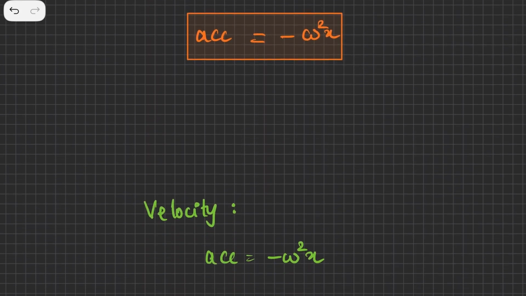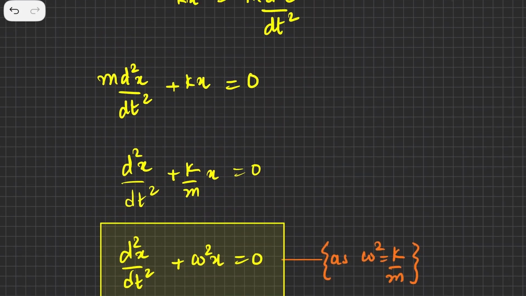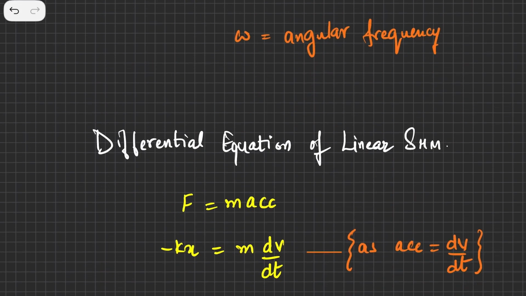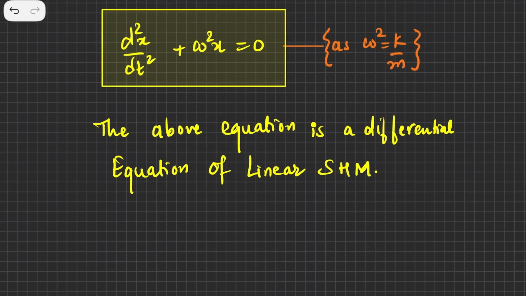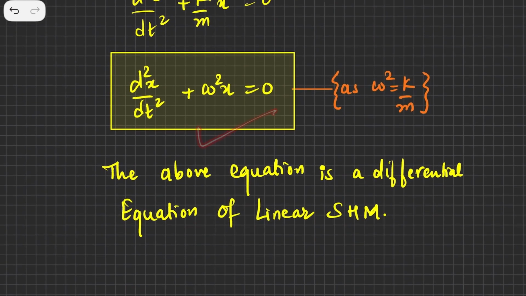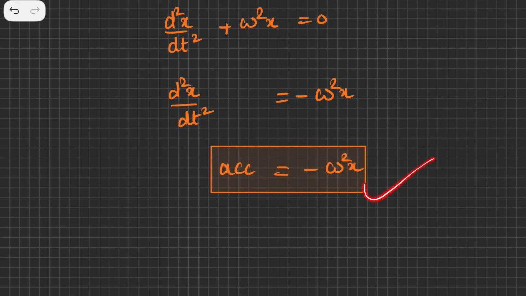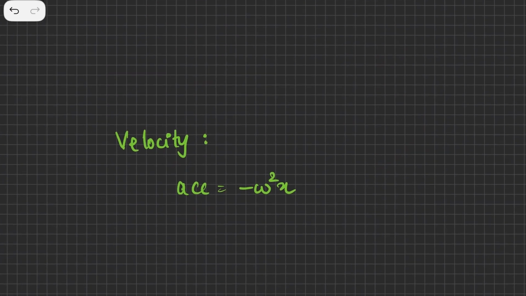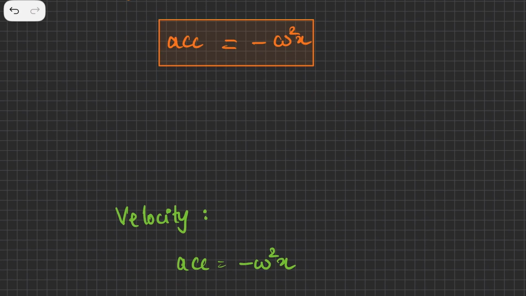Also, in the coming video, we are going to discuss velocity. We started with the equation F is equal to minus kx, which we derived in the previous video, and we derived this differential equation, and using this differential equation I derived the formula for acceleration. Now when I do velocity tomorrow, maybe in the next video, acceleration can be used to derive velocity.